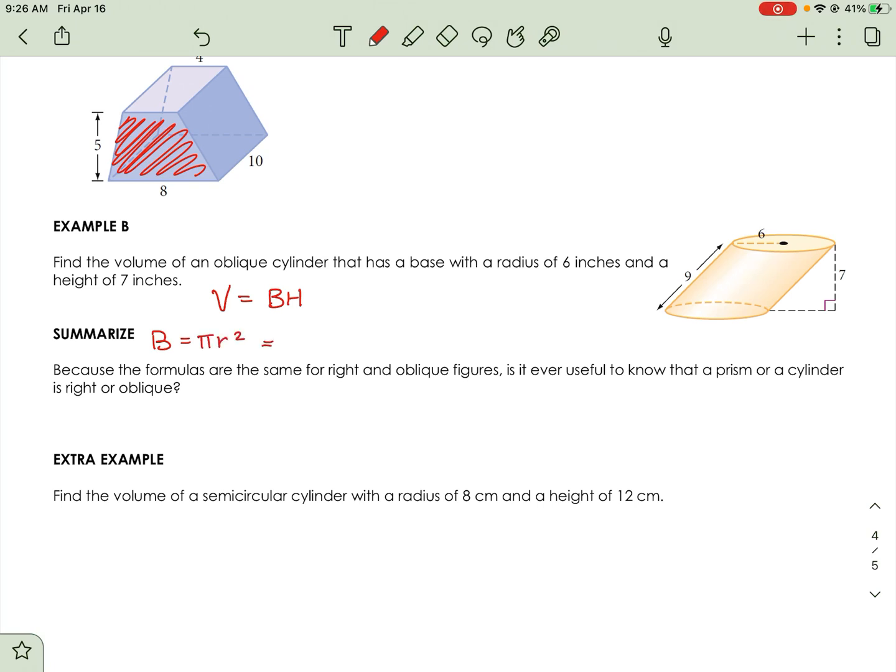It tells us the radius is 6 inches, so we have 6 squared times pi, which is 36 pi. So the area of the base is 36 pi times the height, which is 7. So 36 times 7 is equal to 252 pi cubic inches for the volume.